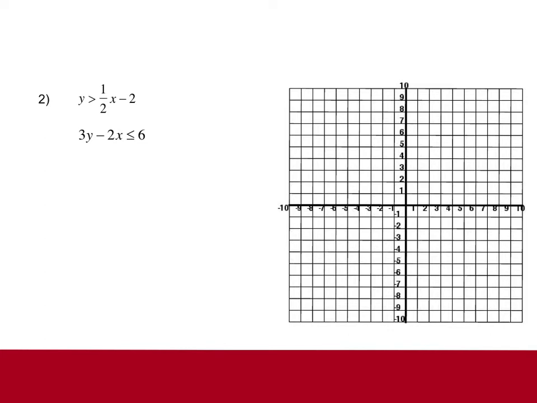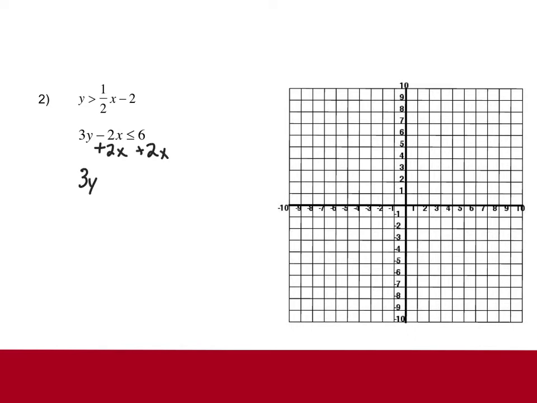Is that second one in a form that I can graph? No. What do I need to do? Bring the y over. So I need y on one side. Bring the 2x over.